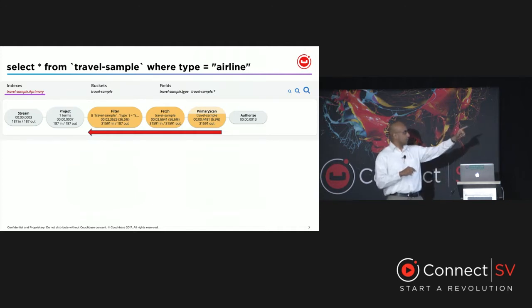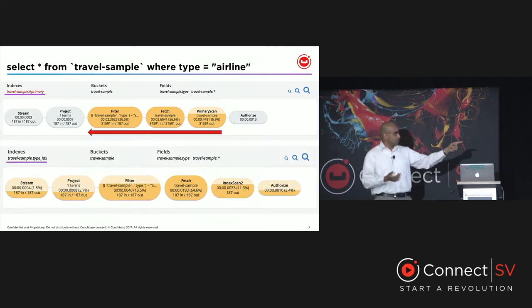If you look from left to right, in the primary scan, you're sending close to the entire data set back to the query nodes. So the amount of data moved is almost the whole data set. But if you have an index, only what fits that index is sent. In this case, we had type equal to airline, and only 187 rows are being sent. This is the impact: your network costs also reduce a lot.